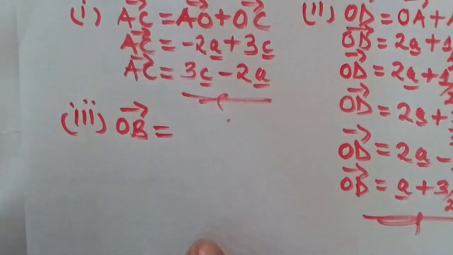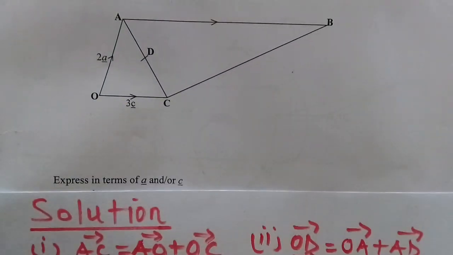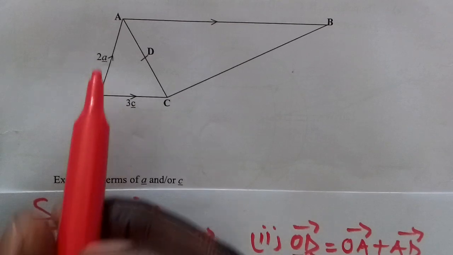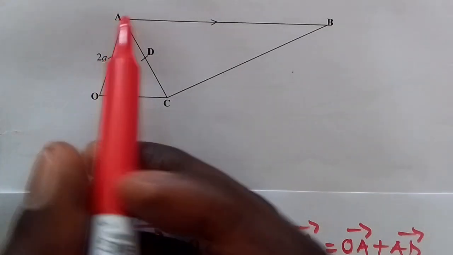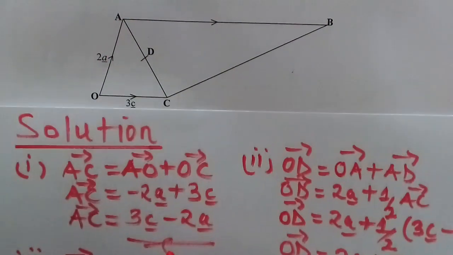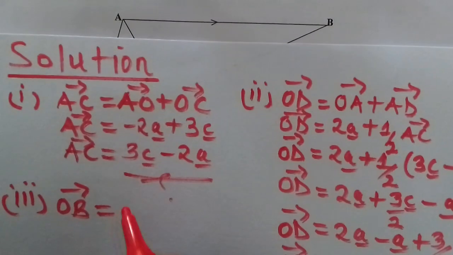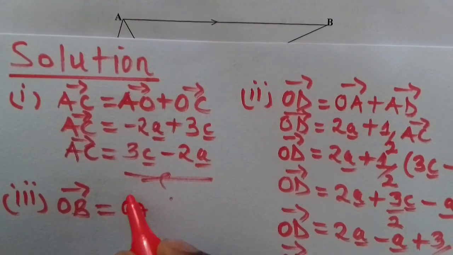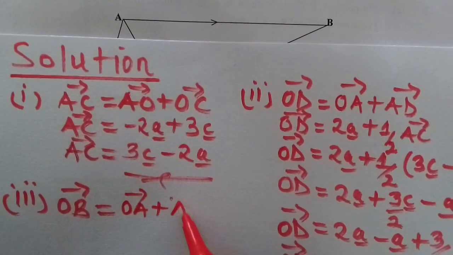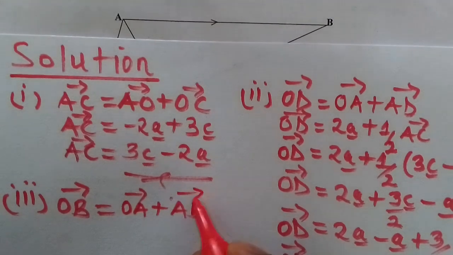is equal to, so we're saying we're taking the direction OA, then AB. So OA is 2A. So we say OA vector plus AB vector.